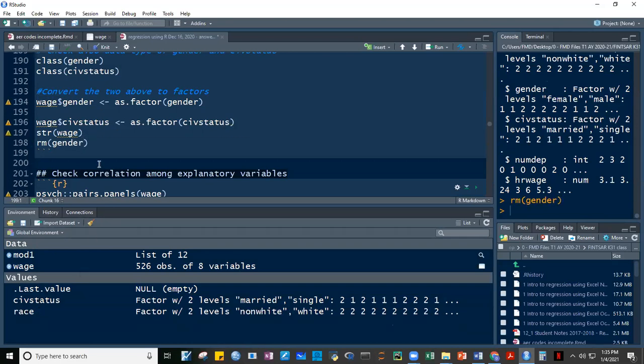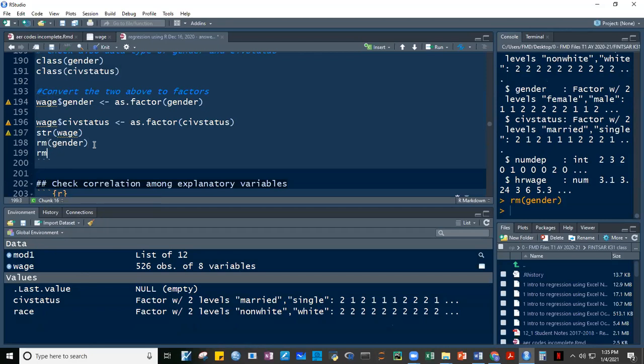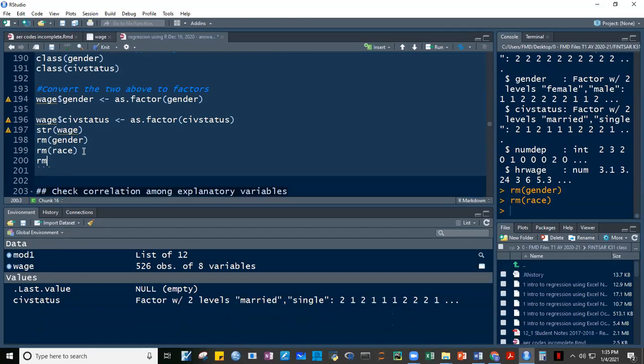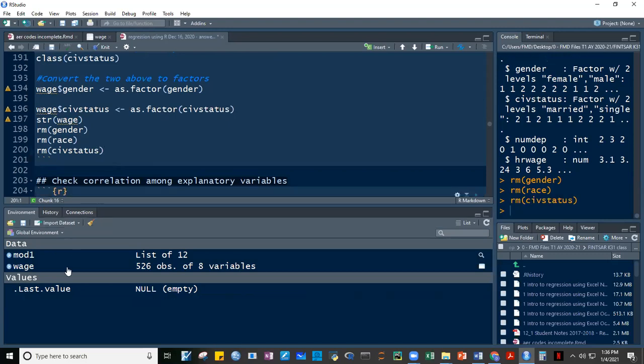Okay, so nawala na siya dito. Okay? Remove din si race. Okay, wala na siya. Remove din natin si civil status. Okay, my mistake guys, sorry. Alright, so ang object natin so far, wage lang at saka model 1.